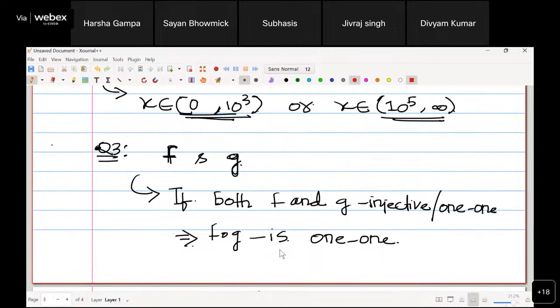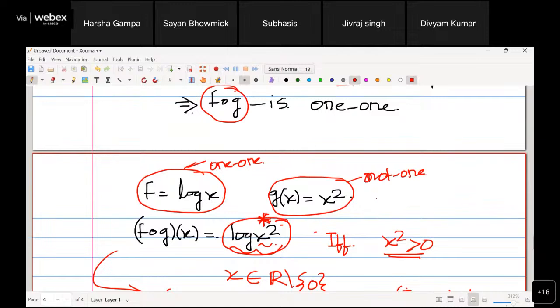But if f is an injective function and g is an injective function, then you can blindly say that this composition will be an injective function. But you can't apply it here, because g of x is not injective.